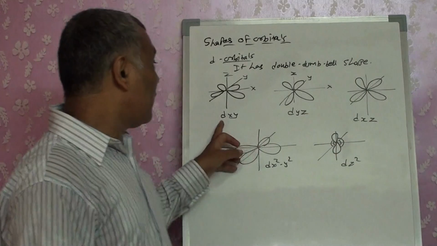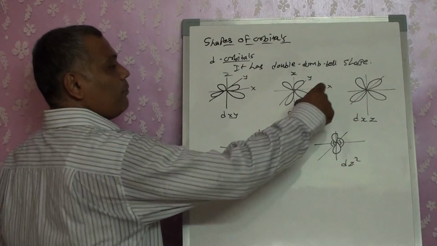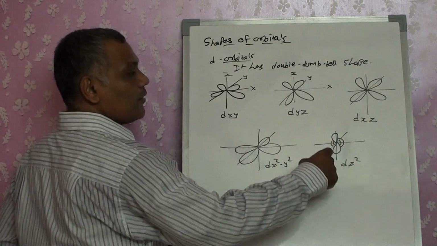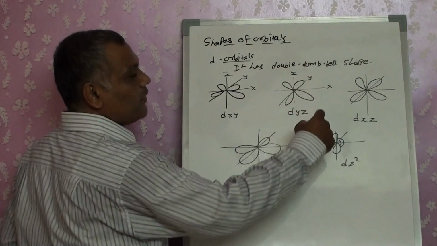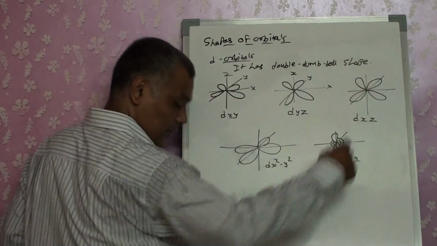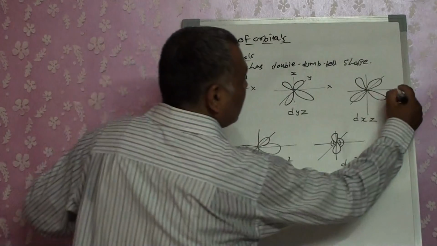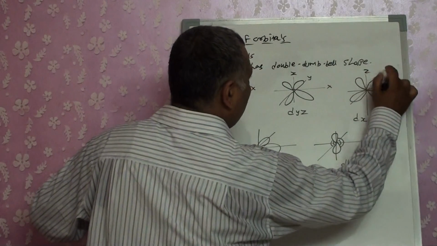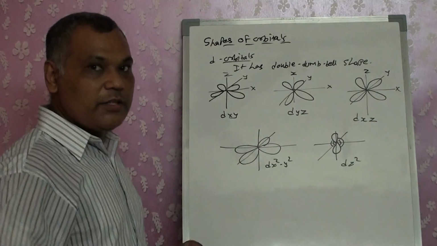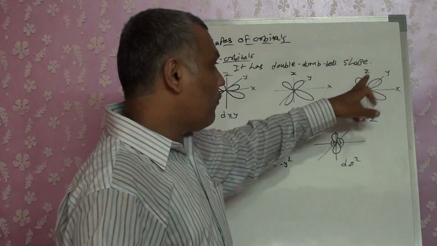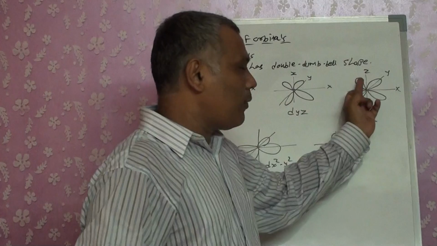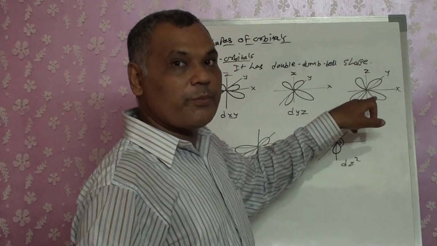Here we wrote it as between x and y, between x and z, right? Now between x and z, what happens? I plotted it on Y, but actually the electrons are not on the Y. The Y orbital is front to back, but in 2 dimensions it has been plotted over here.